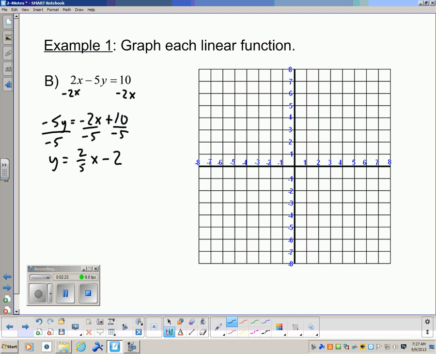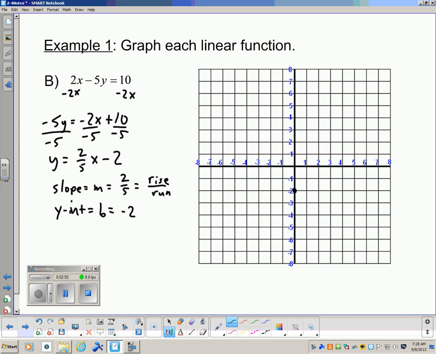So if I were to graph this way, my slope there is my m value, which is 2/5, which is my rise over my run. And then my y-intercept, or my b value there, is negative 2. So again, the y-intercept is where it hits the y-axis, and it hits here at negative 2.